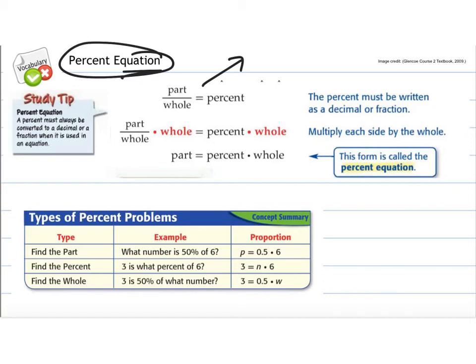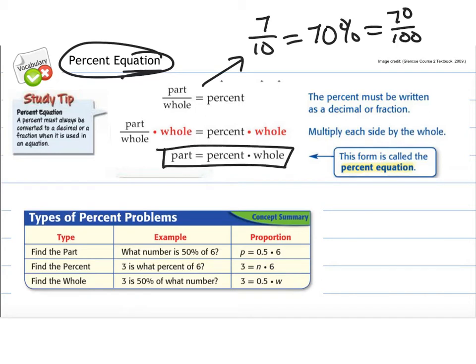So, I know if I get 7 out of 10 on a quiz, that's the same as me getting 70%, which is the same as 70 out of 100. So it's a lot of just writing the equivalents. It's taking that multiplied by the whole. So what we can do is this is our percent equation. It's always going to be part equals percent times the whole number.